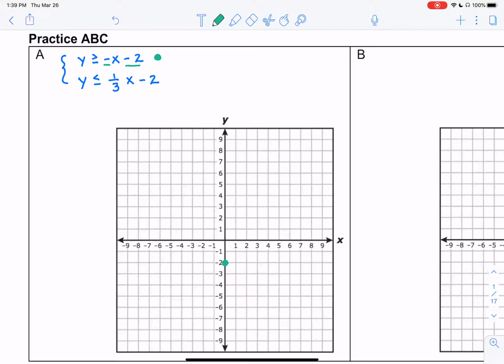If it has a negative out in front of the x, that's the same thing as -1x. So our slope is -1. That means that we're going to go down 1 and right 1. And I can repeat this a few times until I get an idea of how that line is going to look. Because it is a greater than or equal symbol, that means that it is a solid line. So I'm going to go ahead and get that line drawn.